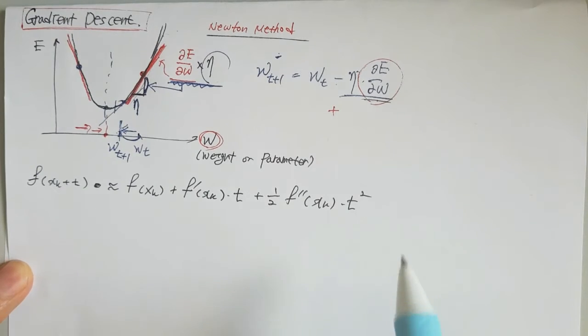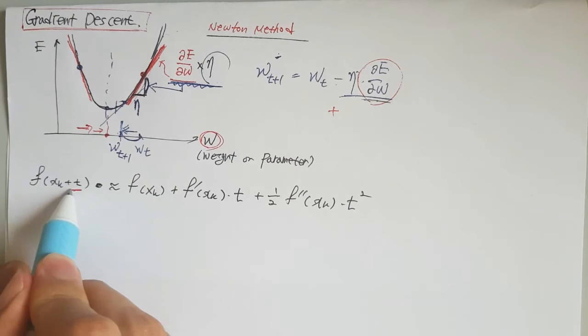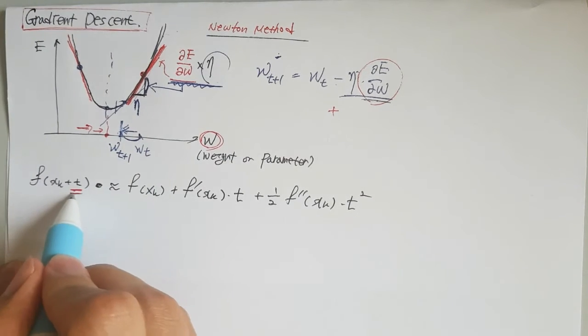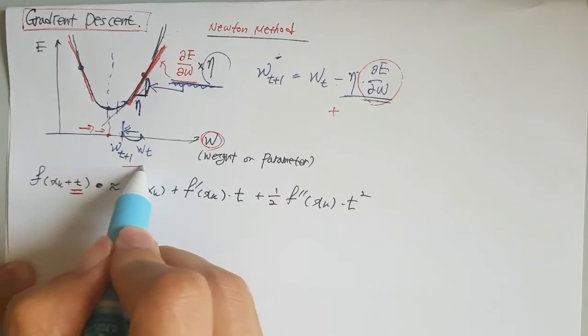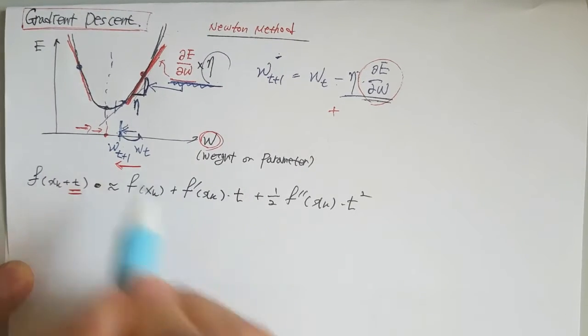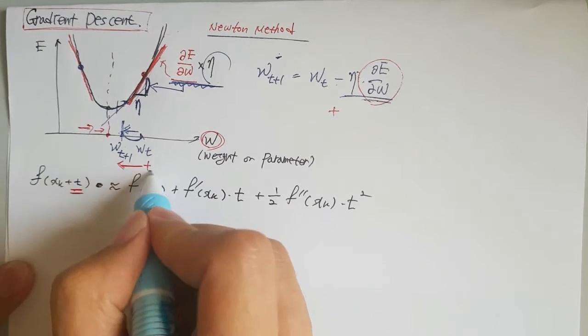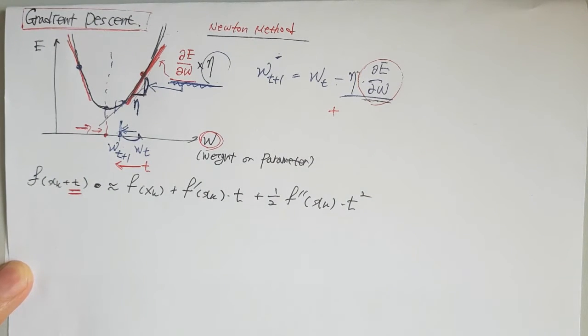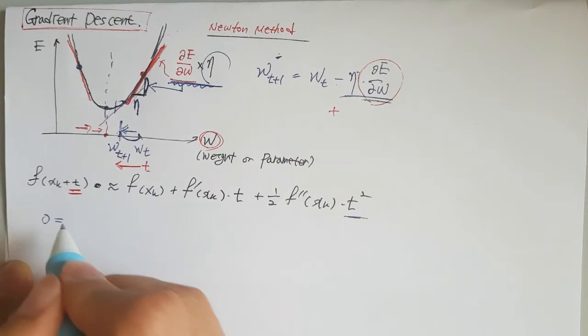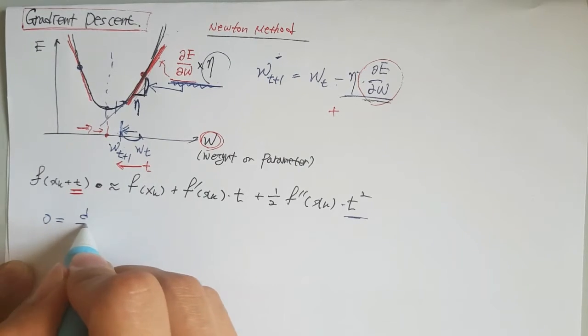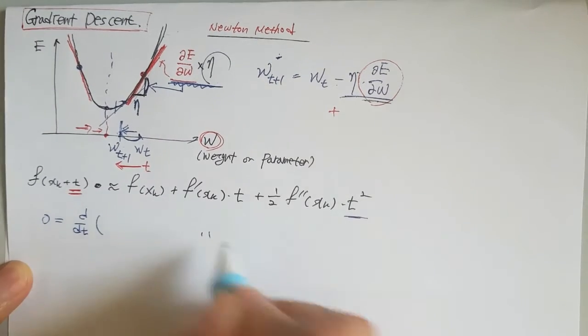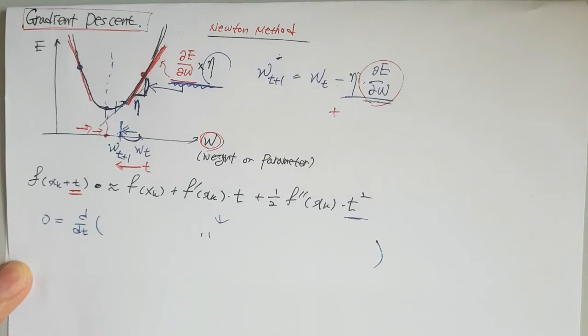Right, and now we want to know how much we have to move. So we want to calculate the value t. So how much I have to move in here. So I can say this is the value t in this case. Since this is quadratic form, I will differentiate with regard to t and set it to 0.